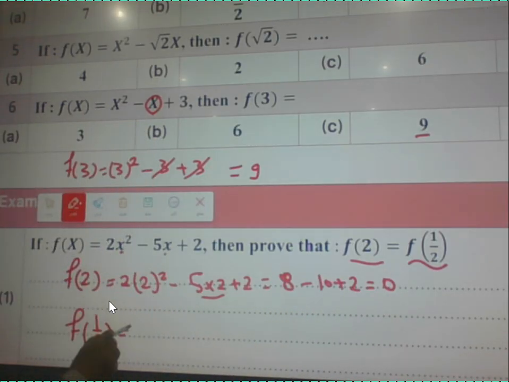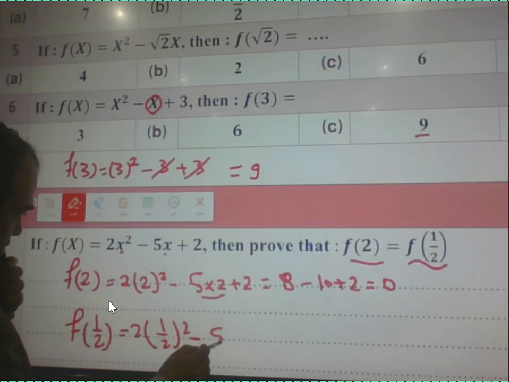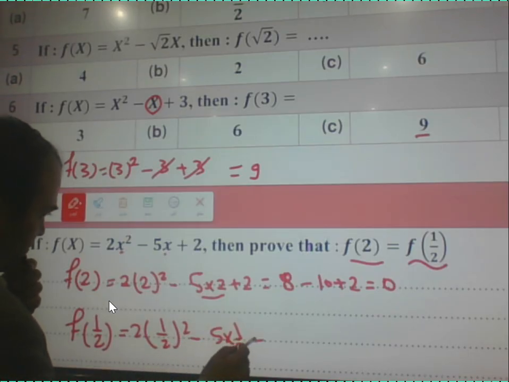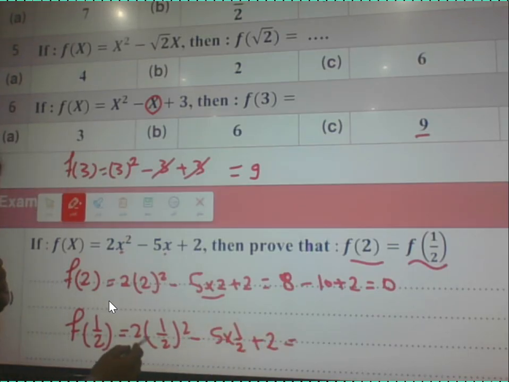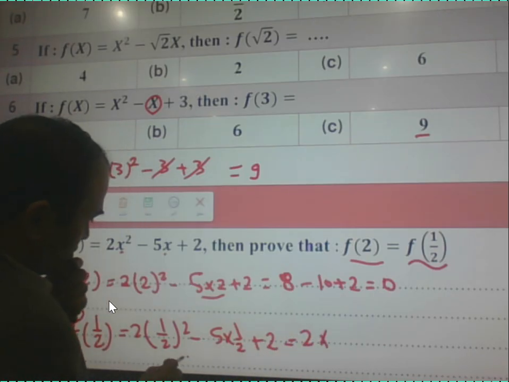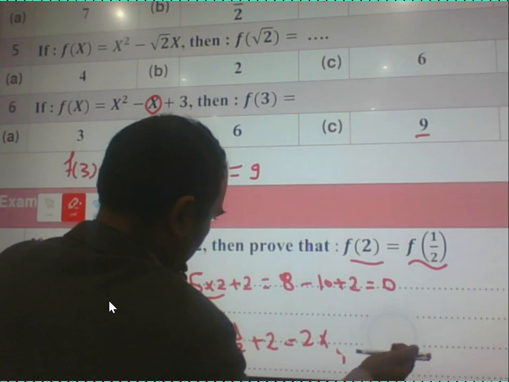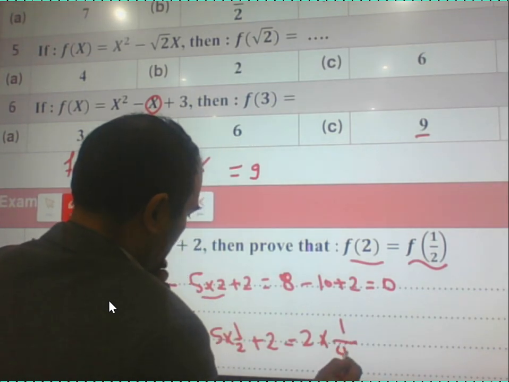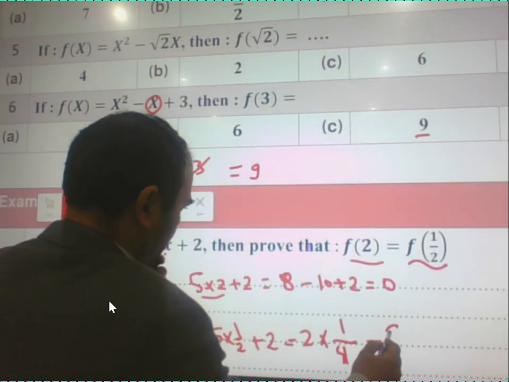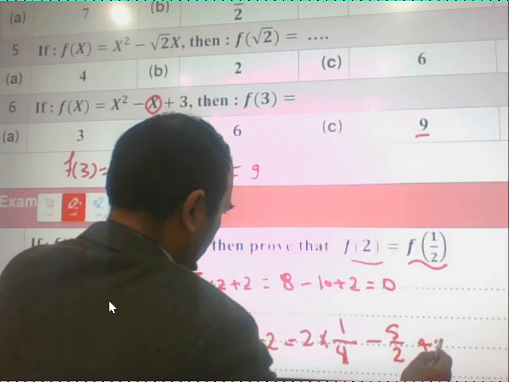Next, half here, right? 2 times half power 2, minus 5 times half plus 2. 2 times half power 2 here equals 1 over 2, minus 5 times half is 5 over 2, plus 2.